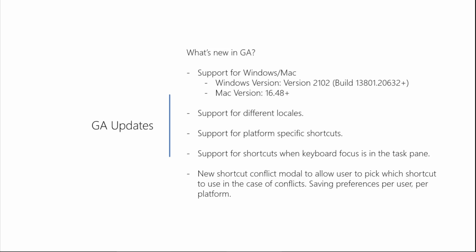So for Windows, if you have customers in the Enterprise Semi-Annual channel, this is available in the current Semi-Annual channel preview, which will be available to customers in July if they're not already in preview. And then for all other audiences, it's available right now. And then for Mac, the minimum version you need is 16.48. And then, of course, for online, all of this functionality is available as of today.